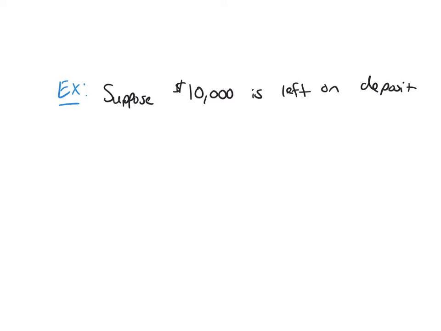So let's look at an example, another interest problem. Let's suppose that $10,000 is left on deposit at a rate of 3% compounded quarterly.